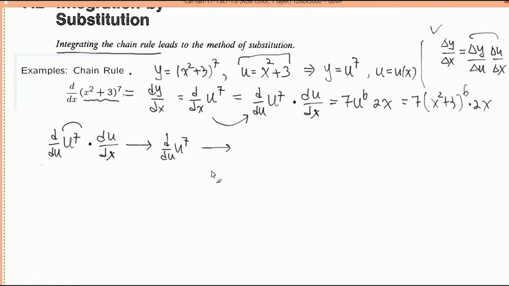Whatever you have there, integrate with respect to u, and you will arrive at u to the 7th, right? Because you differentiate with respect to u and integrate it back, going back to that. So that's our answer, plus c.